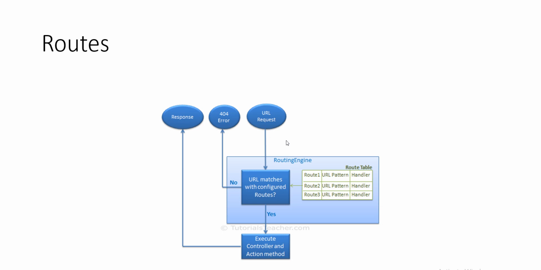If the URL pattern has a specific entry in the route table, it will send a yes response. The relevant controller and the action method will be executed, and our response will be sent back to the browser.